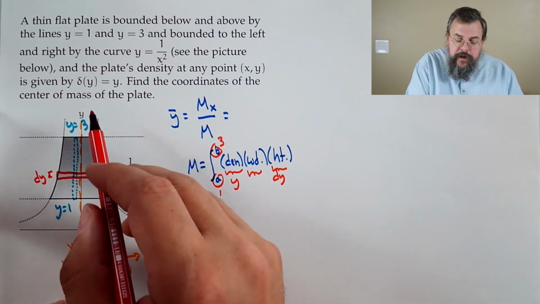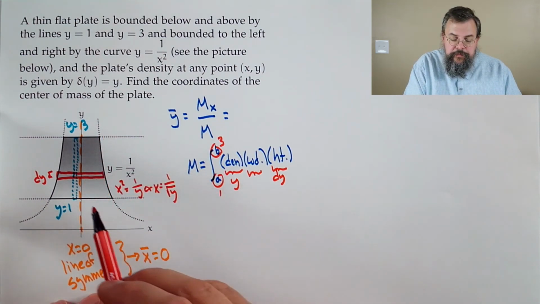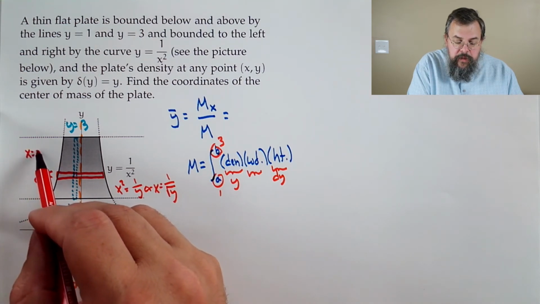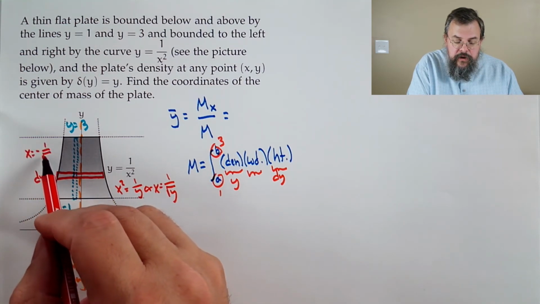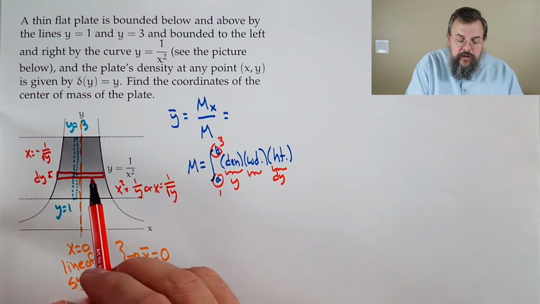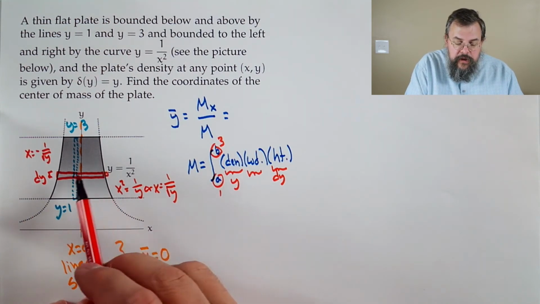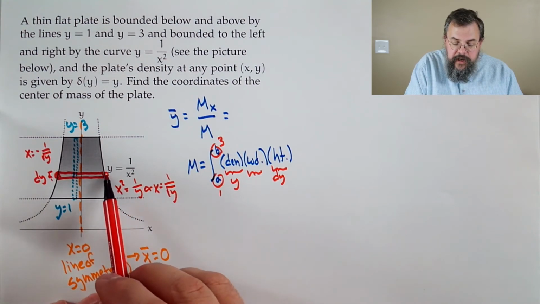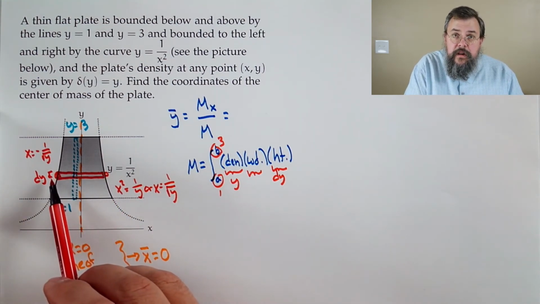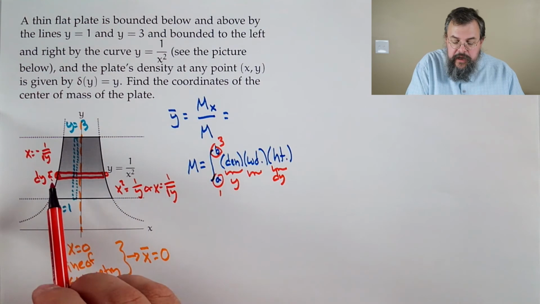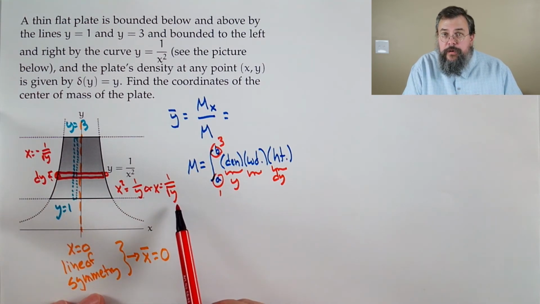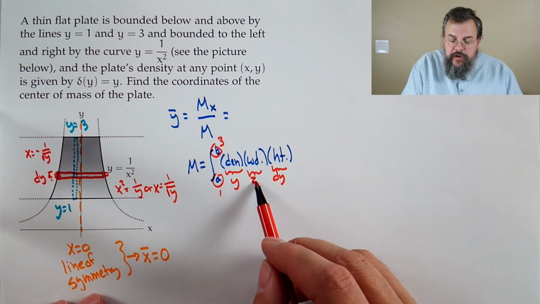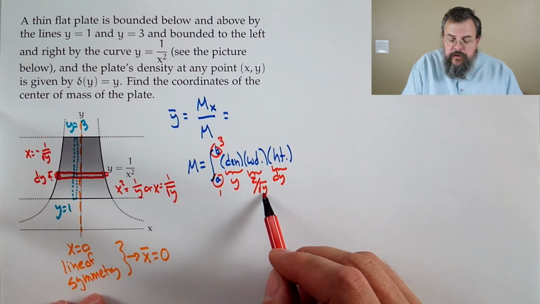Now that's if I'm on the positive side. On the negative side, x would be minus 1 over root y. So the width is going to be the length between these two sides. So you take the larger value for x, subtract the smaller value for x. Right minus left. 1 over root y, subtract minus 1 over root y, leaves us with 2 over square root of y.